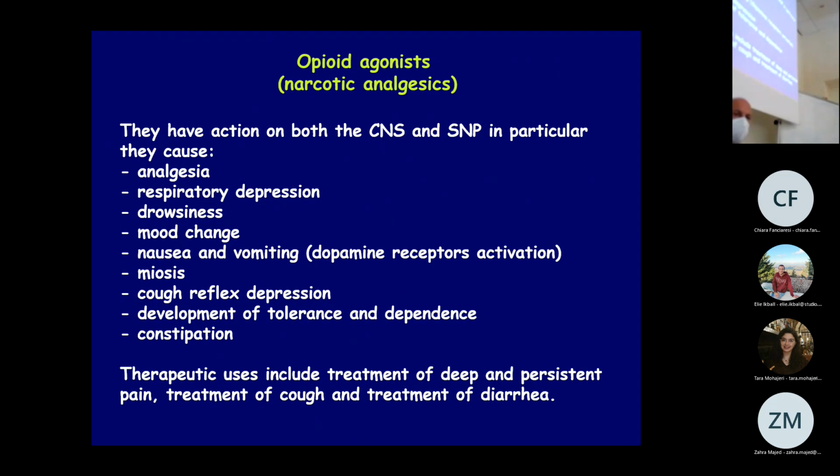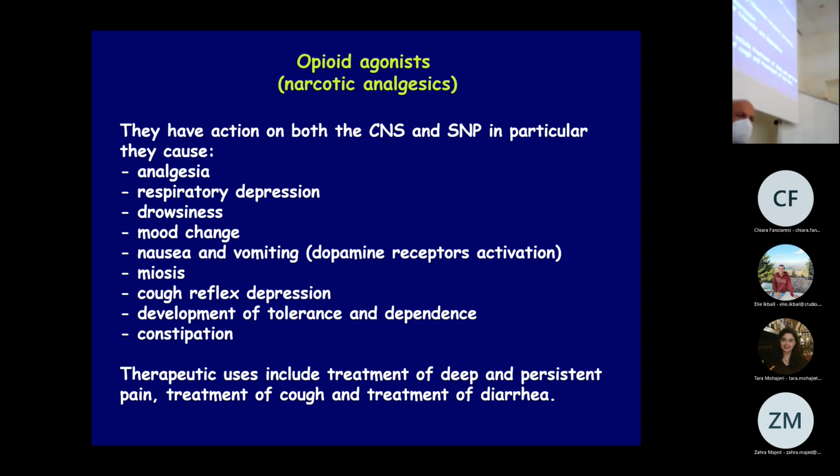They're responsible for analgesia, respiratory depression, drowsiness, light sleep, mood change, thalamus, nausea and vomiting, dopamine receptors activation. We have already seen the molecule of dopamine inside morphine.